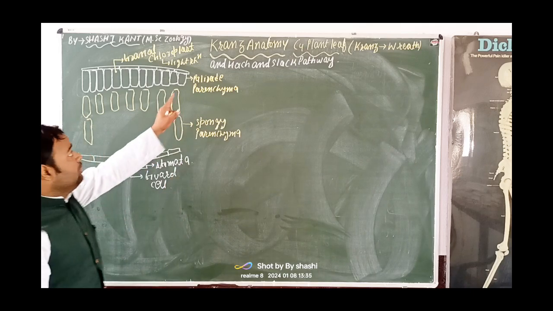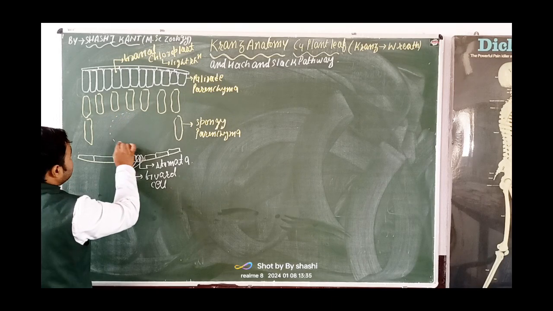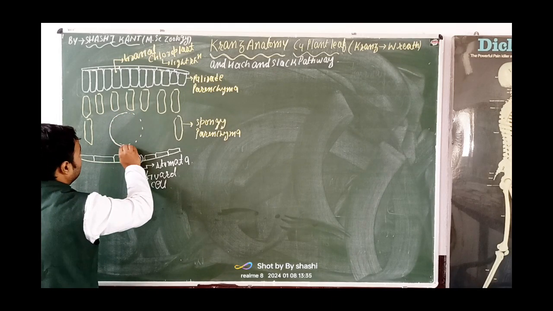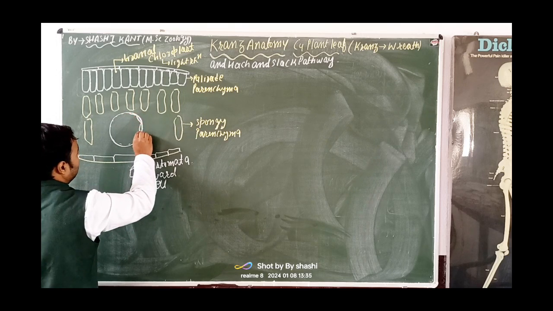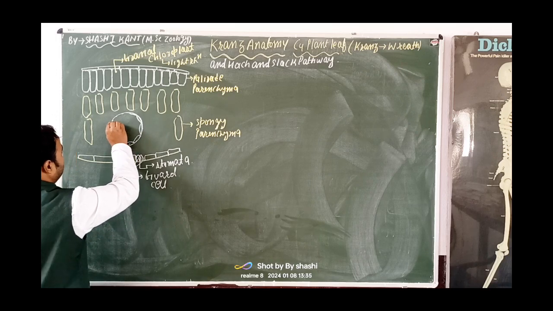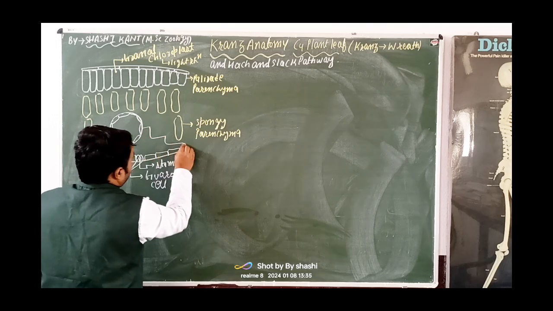Now we have to come to this topic, Kranz anatomy. There is a circular mesophyll cell. This is a mesophyll cell.